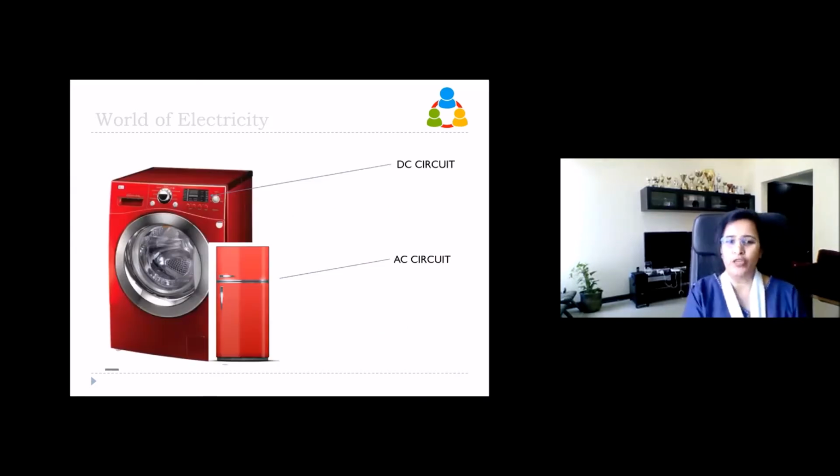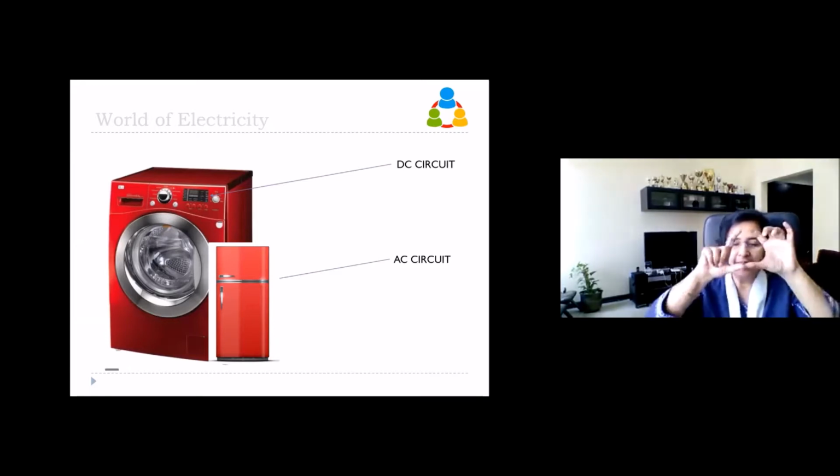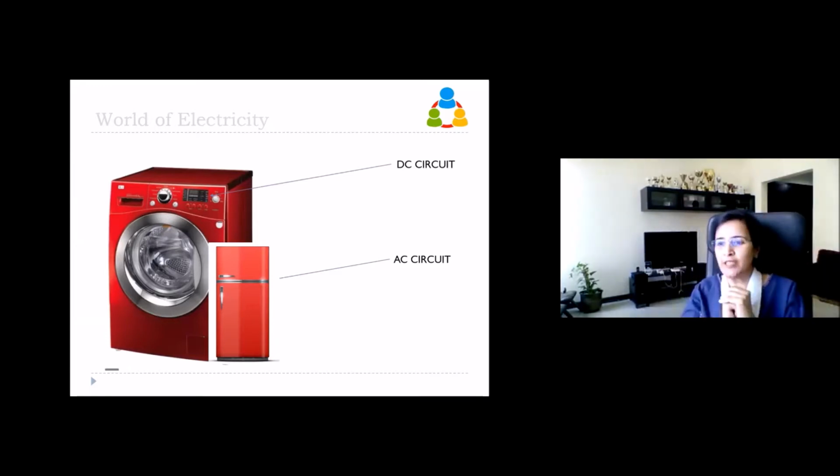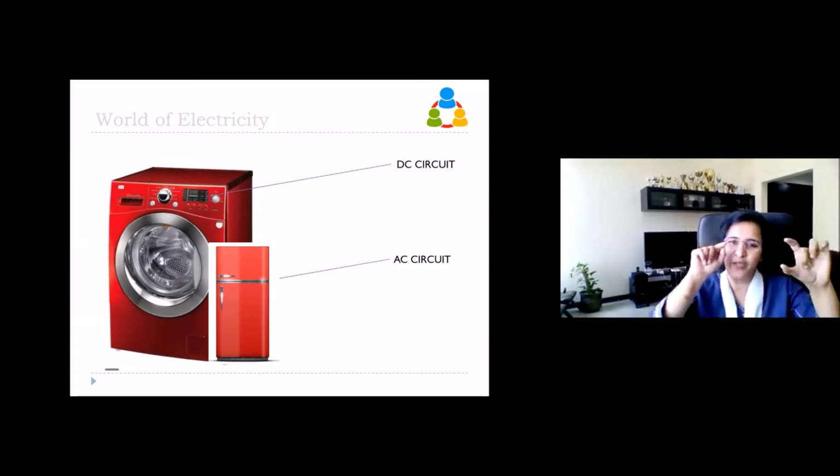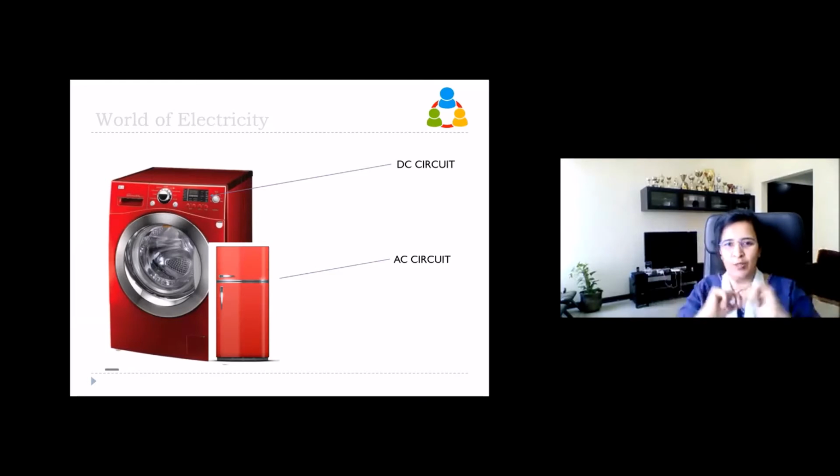Now, this is a washing machine, right? If you go and see your washing machine, there is an electronic circuit where you switch on, off, and select things like woolen cloth type. That part will normally have a DC current, because that type of electronic equipment mostly works well on DC current.